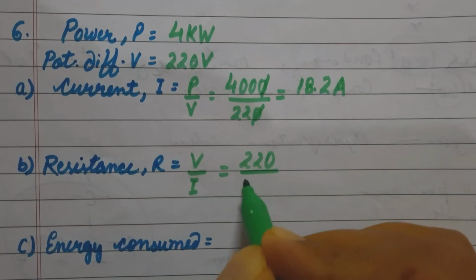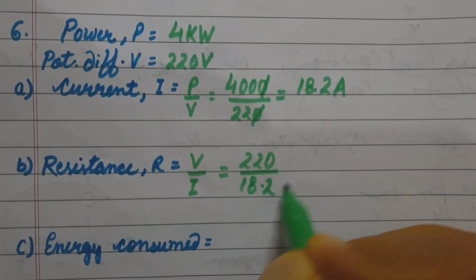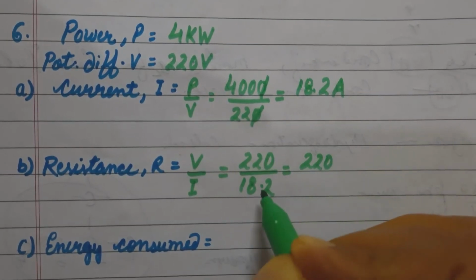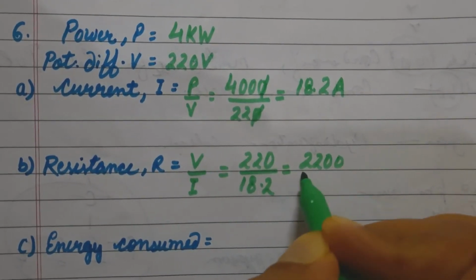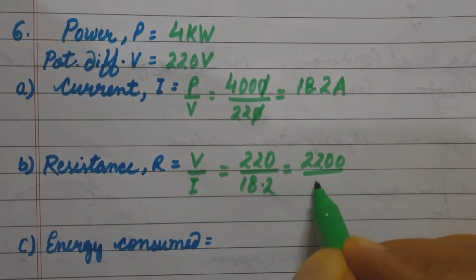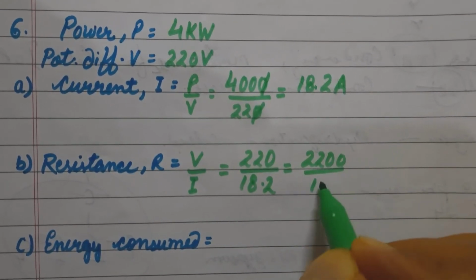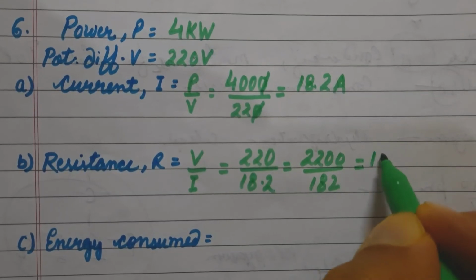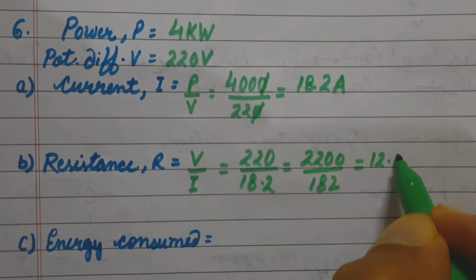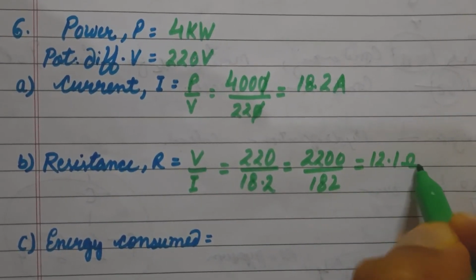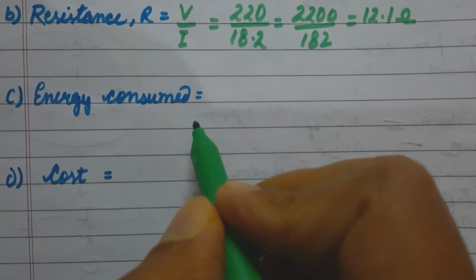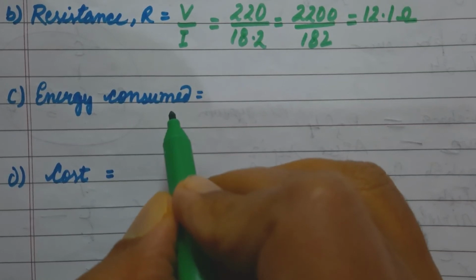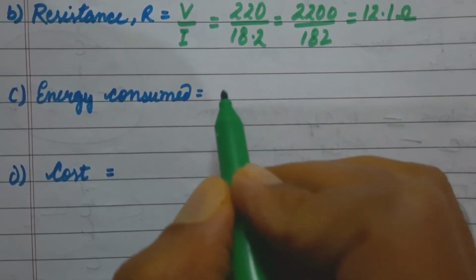V is 220, current is 18.2. When we remove this decimal, it will become 2200 upon 182. When we solve this, it is 12.1 ohm. C part, we have to calculate energy consumed in 2 hours, means time is 2 hours.